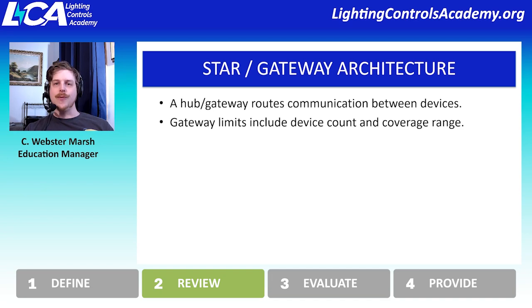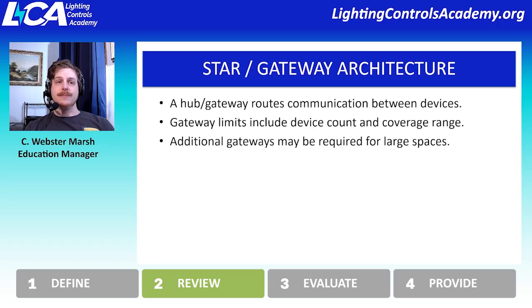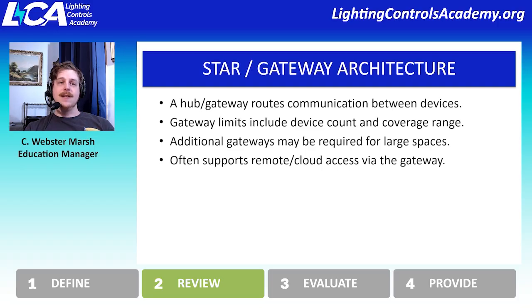There's only so far that gateway can reach before you need to add another gateway. And again, there's a limit to how many devices it can connect to. As a result, you might need to add another gateway just because of how many devices you have in a certain space. So just keep in mind how many gateways you need to add. And if it's a really large space, you might need additional gateways to cover that distance.